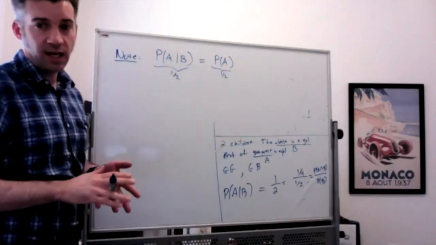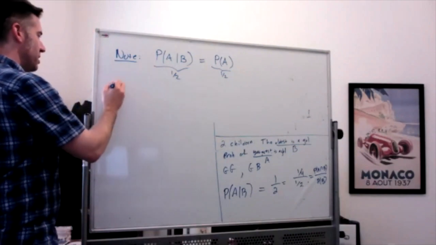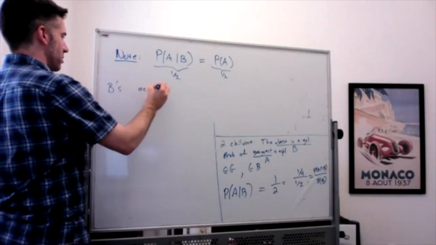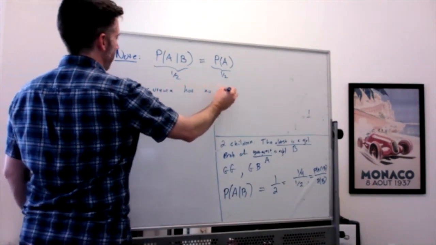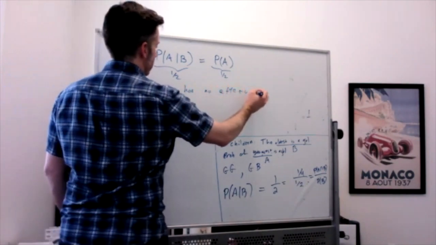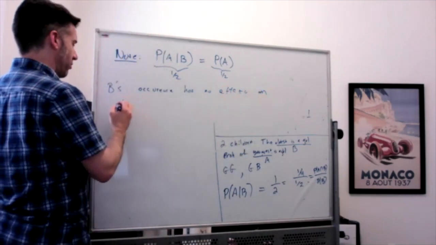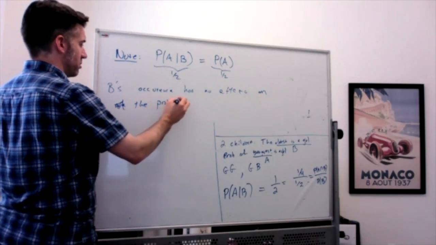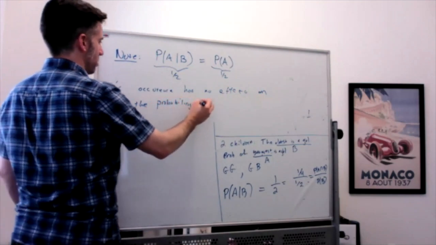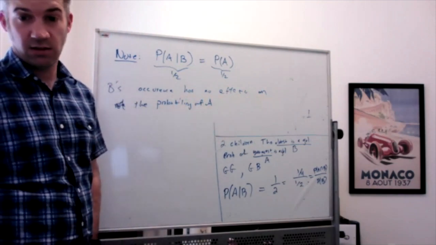So what we would say here is that B's occurrence has no effect on whether or not, or I should say on the probability of A. This is the definition of independence.